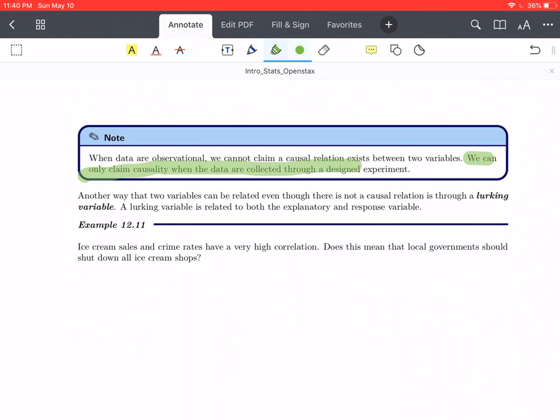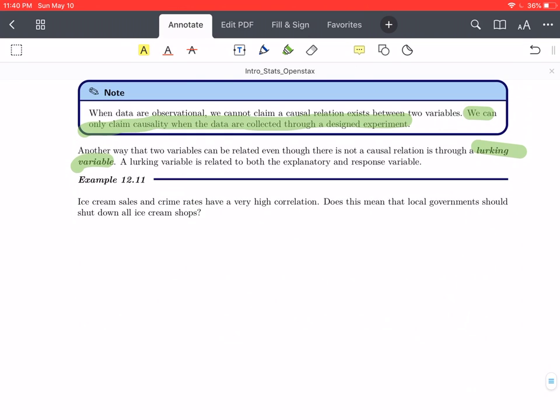A designed experiment would be something where you control all the factors, we had everybody in the same room, we gave the same tests, and we only changed this one thing, manipulated one variable, and it caused this change. In that case only could we talk about that. And then, of course, we talked about the lurking variable and confounding that can occur.